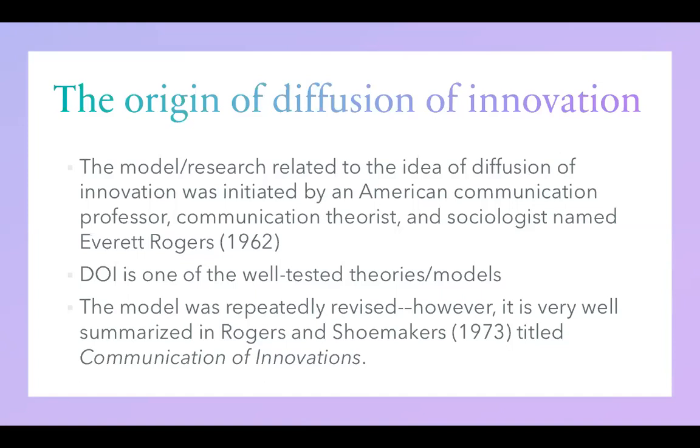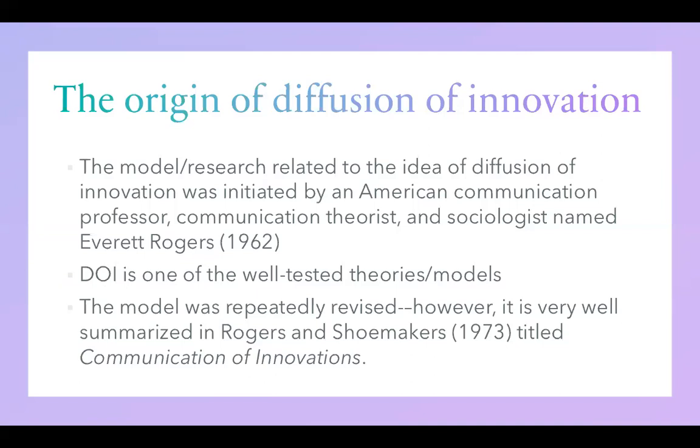So you see, the idea of diffusion of innovation, which is commonly also known as DOI, actually began from farmers. Because you need to consider the background of Everett Rogers, the presenter of this model. He came from a family with a farming background, and that's where he started testing his ideas.